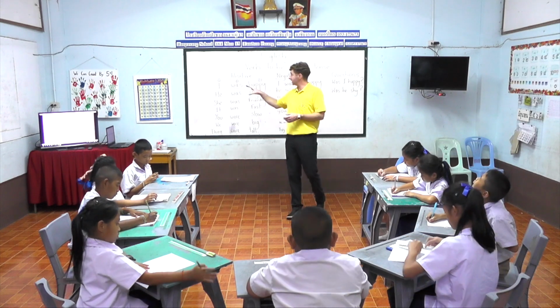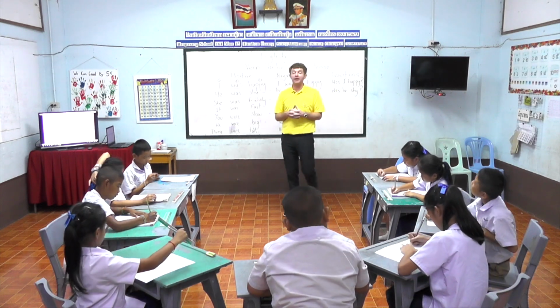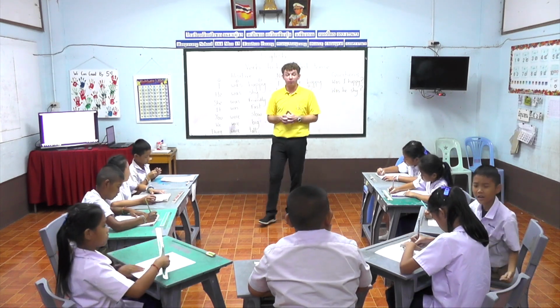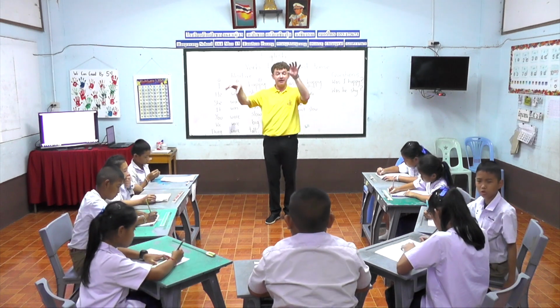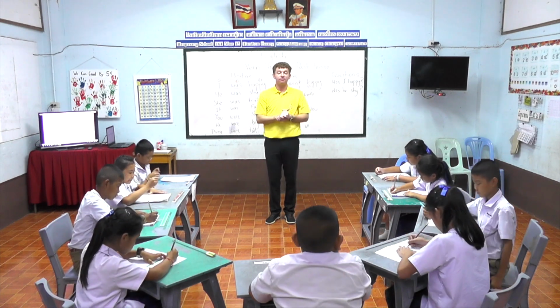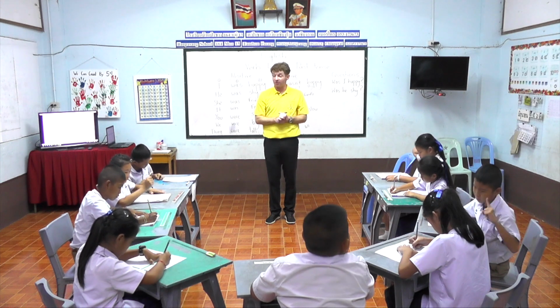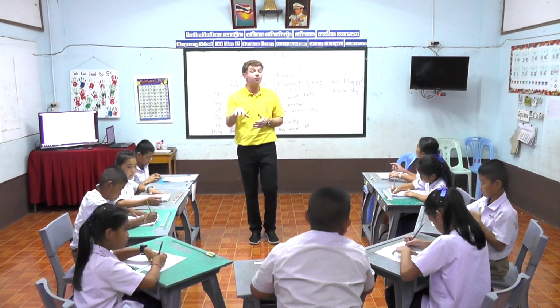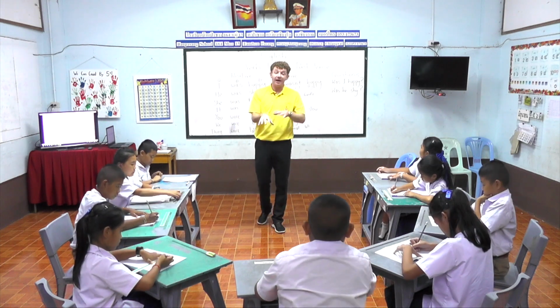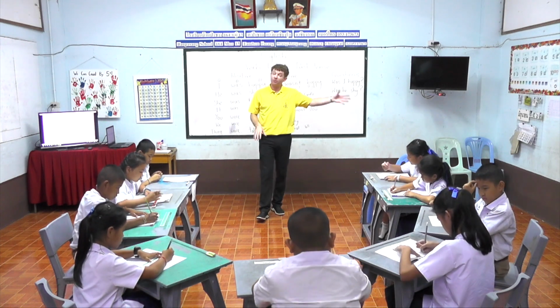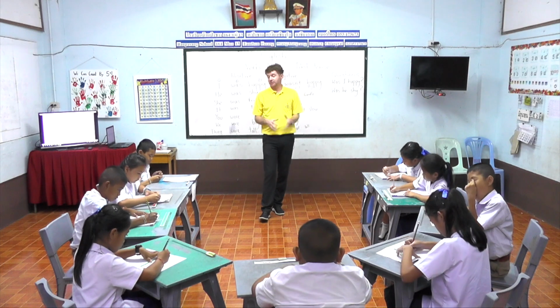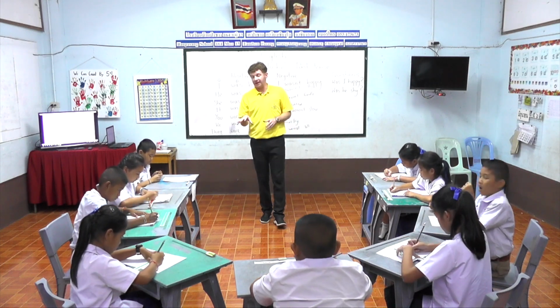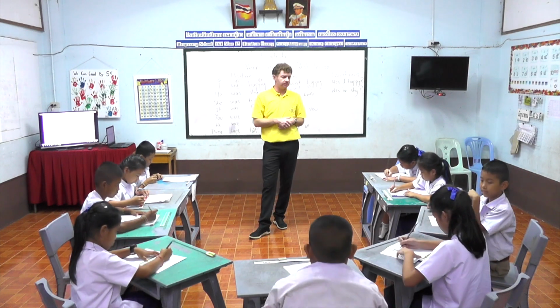And then, like the board activity that we've done earlier in the lesson, you need to create positive, negative, and question forms of the past tense verb to be. The first one is done as an example. I was shy. I wasn't shy. Was I shy? So number 2, he, something friendly.